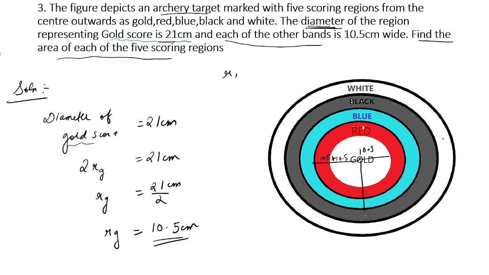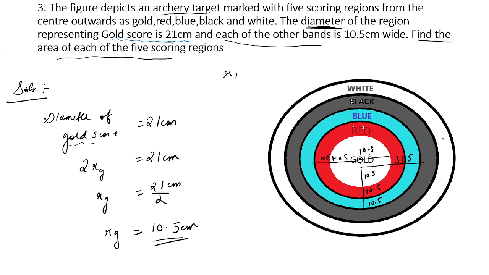Similarly, the radius of blue will be 10.5, 10.5 and 10.5, so you add up all the given radii. So the radius of blue will be 31.5.